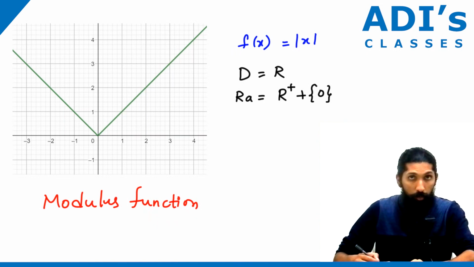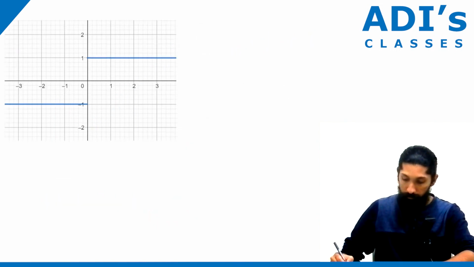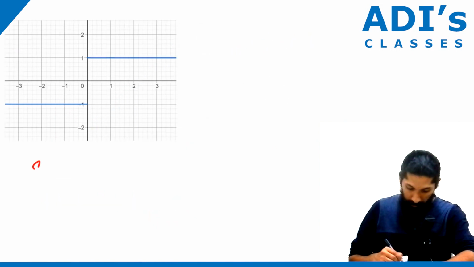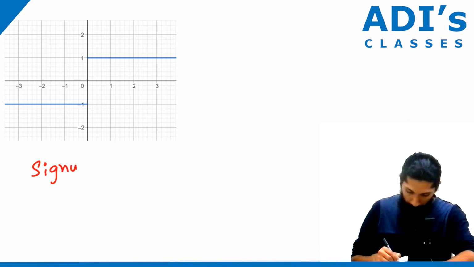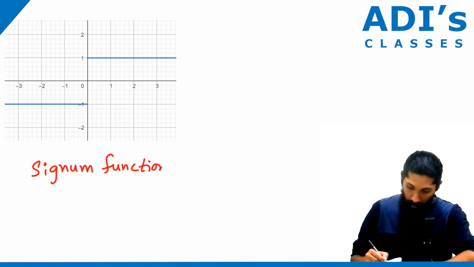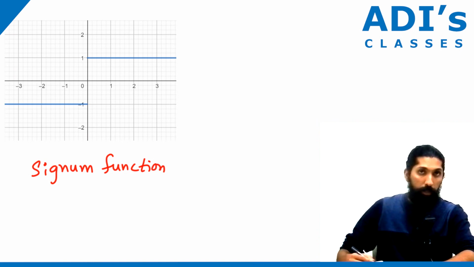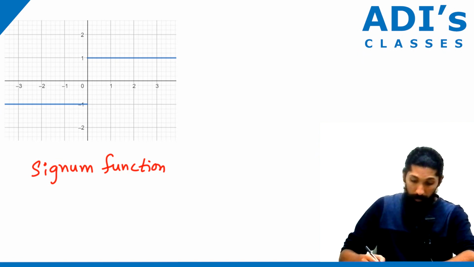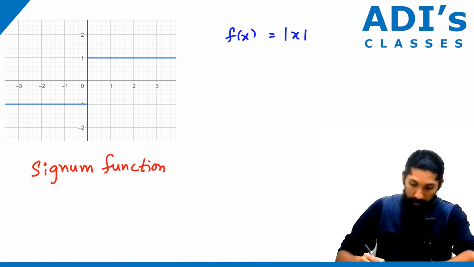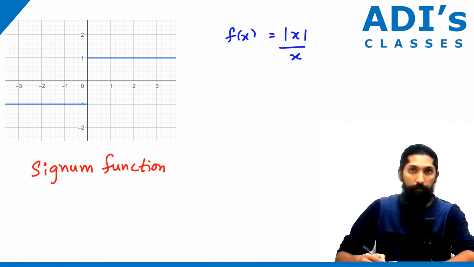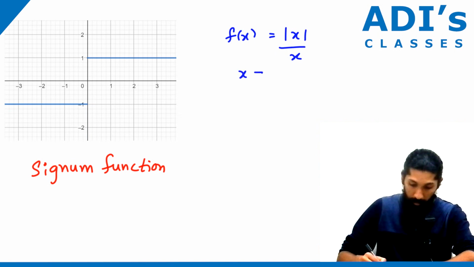Now let's look at one more function. This function is what we call the signum function. For the signum function, it's a very peculiar type of function because the function is going to become f of x is equal to mod of x divided by x, where x is not equal to 0.